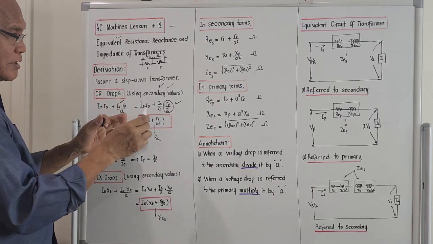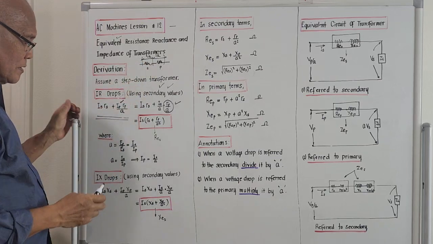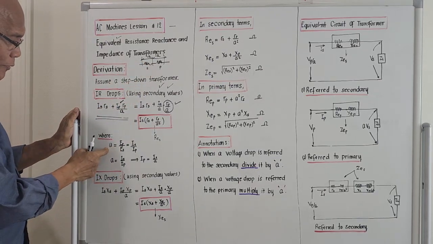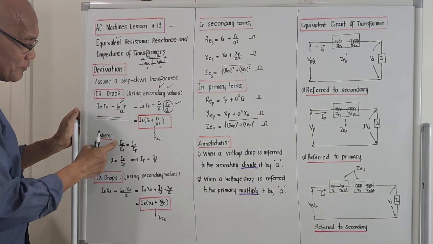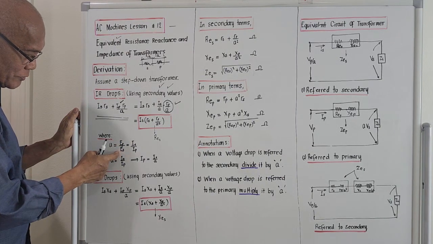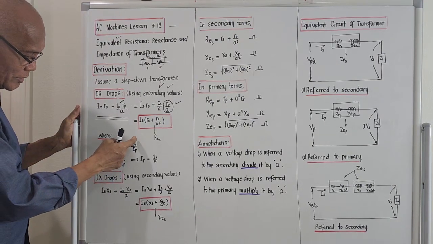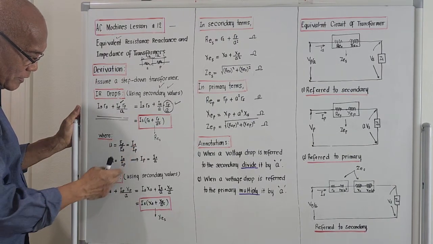Okay, let's try to bring out first the equivalent of this IP in terms of IS. Ratio of transformation for a step-down transformer will be the induced voltage on the primary over the induced voltage on the secondary. And this is actually equal to the secondary current over the primary current.